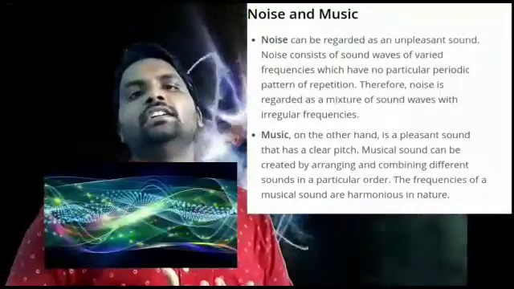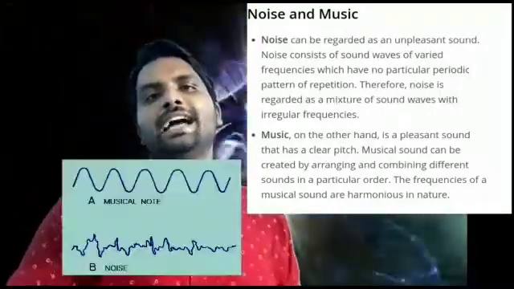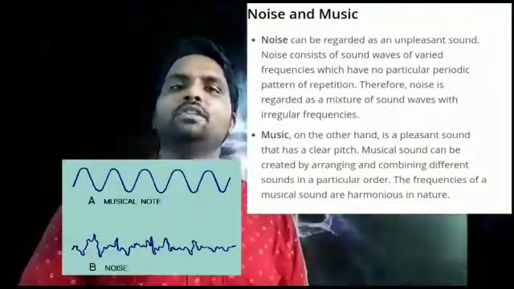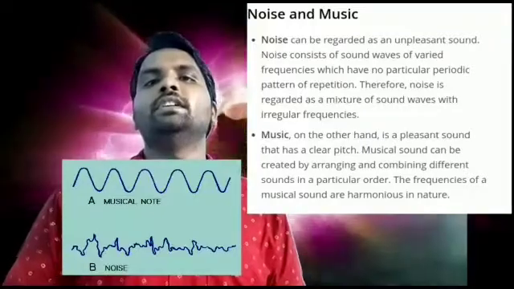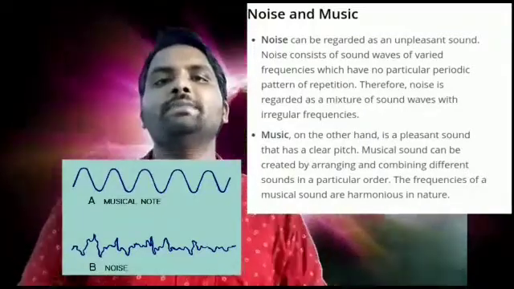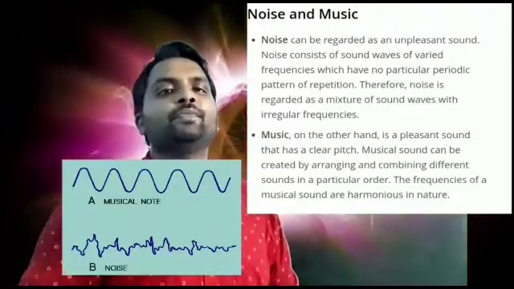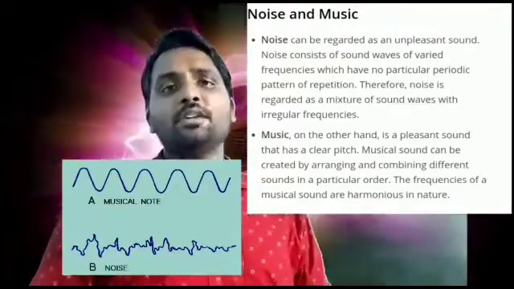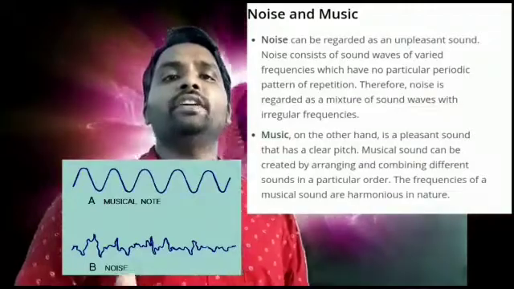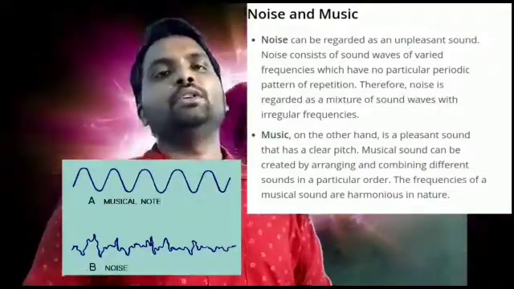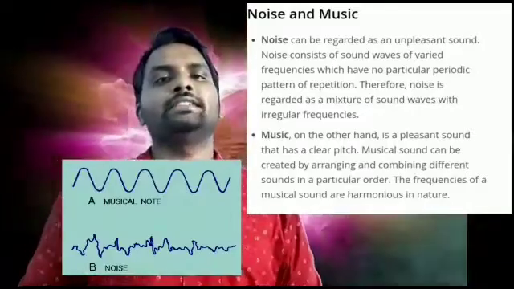That is called music. Noise has an unpleasant sound, and music has a pleasant sound. In noise, different frequencies are mixed together. In music, the frequency of the waves goes in one particular pattern. So this is about music and noise.